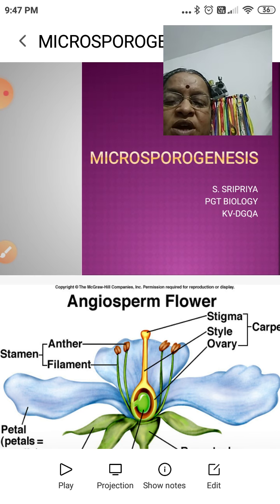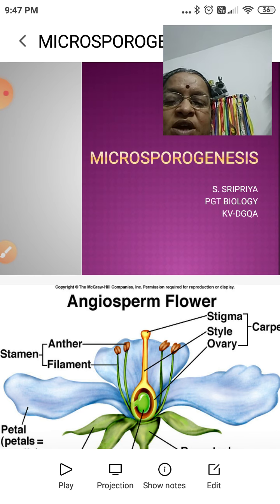You might have experienced a yellow powdery substance sticking onto your hand when you handle the flower. That is actually the pollen grains that have got released from the anther lobes. Okay, now let us see the structure of the anther.